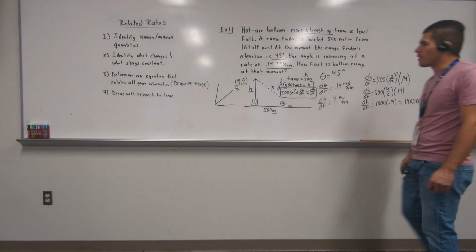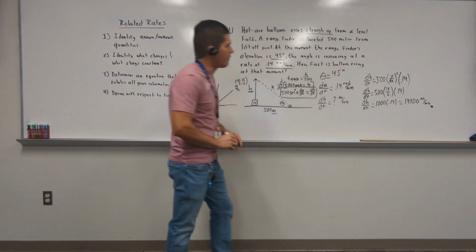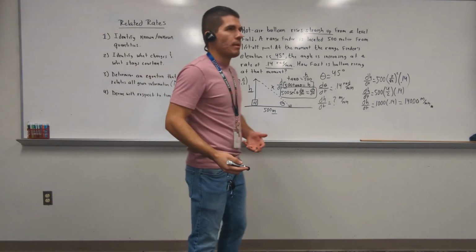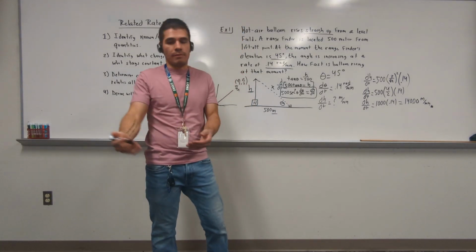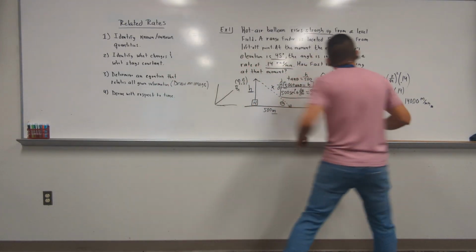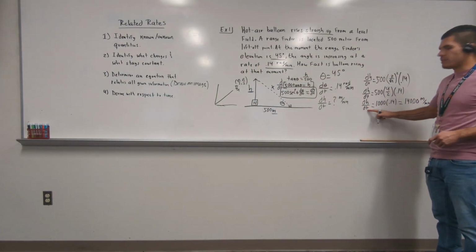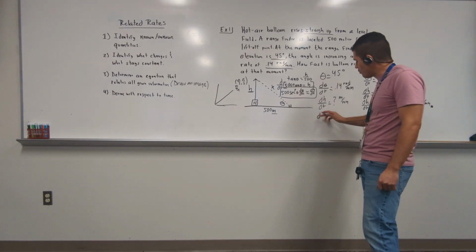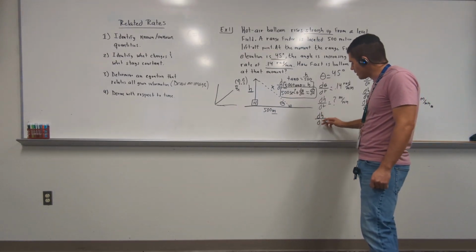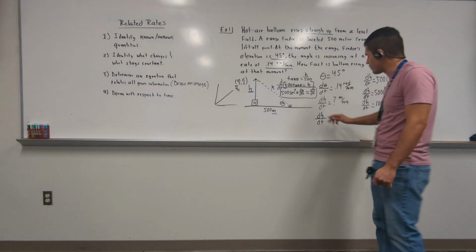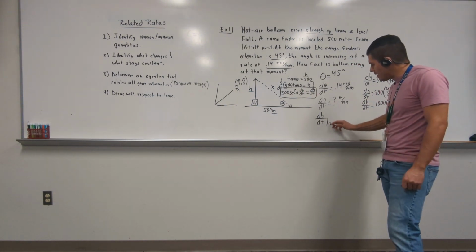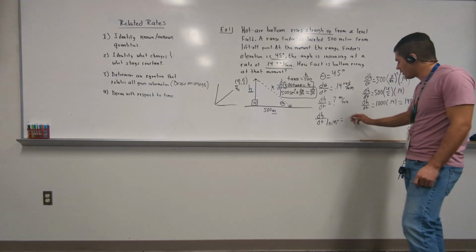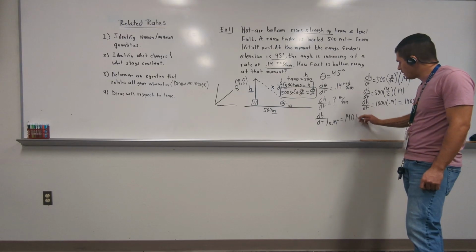And that's the important thing to recognize. Sometimes the labeling doesn't make sense to me, just as a math teacher. I'm not saying that the change in height over change in time always is equal to this. So if I wanted to be a little more thorough, I should say that the change in height over change in time at theta equal to 45 degrees is 140 meters per minute.